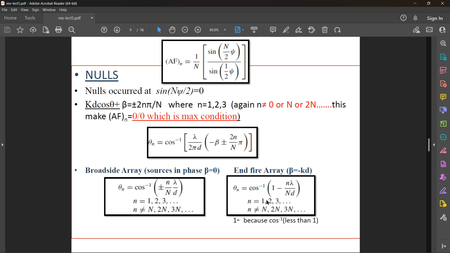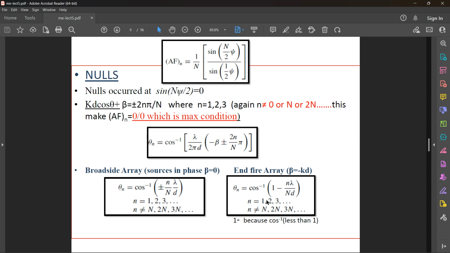And as per the formula, the nulls occur when N psi by 2 is equal to plus or minus n pi. And here we have psi equal to kd cos theta plus beta, which is equal to plus or minus 2 n pi by N, where n is equal to 1, 2, 3. So here the array factor is equal to 0.